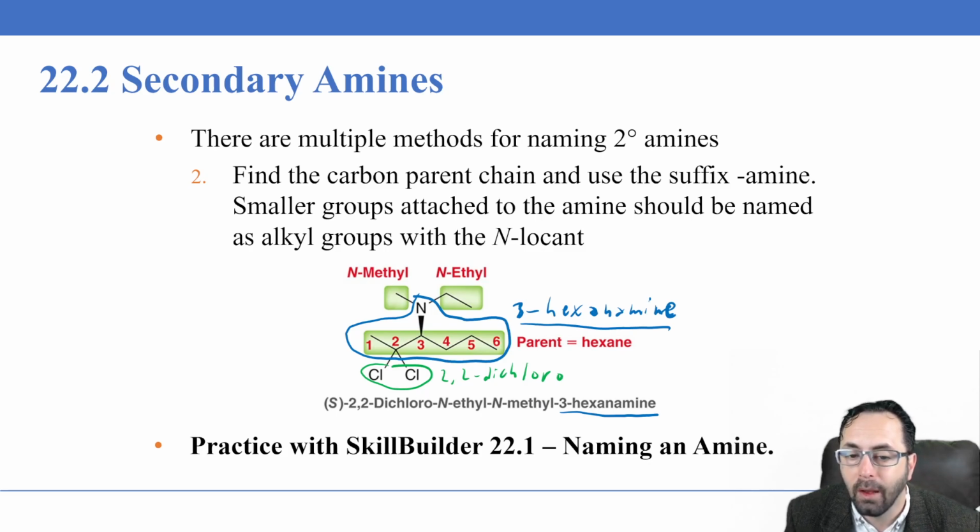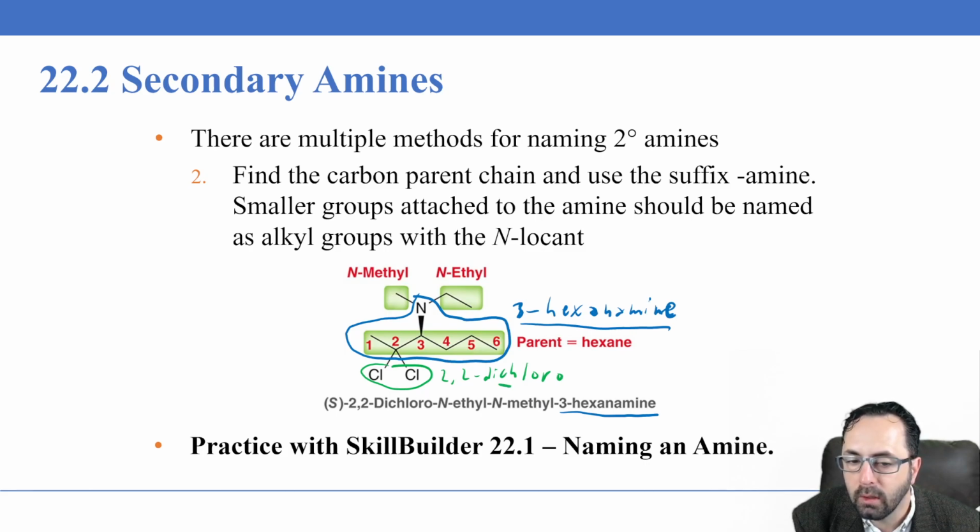The way we label the other groups that are attached to the nitrogen but are not a part of the main chain is we say N with the N locant. So this is telling us they are attached directly to the nitrogen atom but are not the parent chain. So N-ethyl, N-methyl.